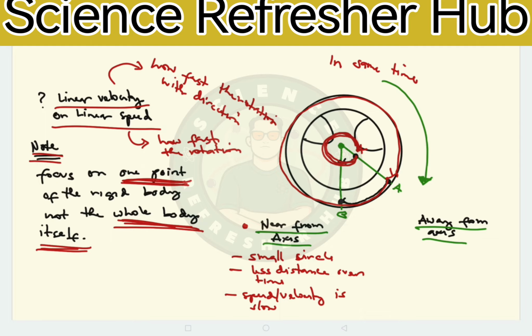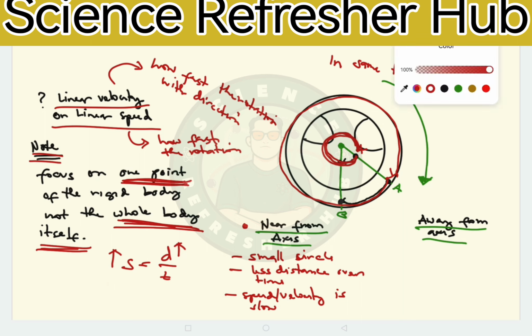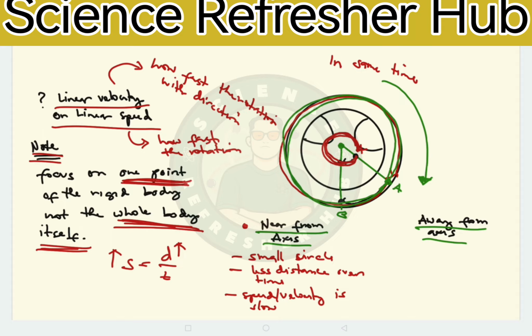Why? Because in that specific time, less distance is being traveled. Remember, speed is equal to distance over time. The more distance traveled, the higher the speed will be. Okay, in the same time, away from the axis, let's say this point is rotating with more displacement or distance.